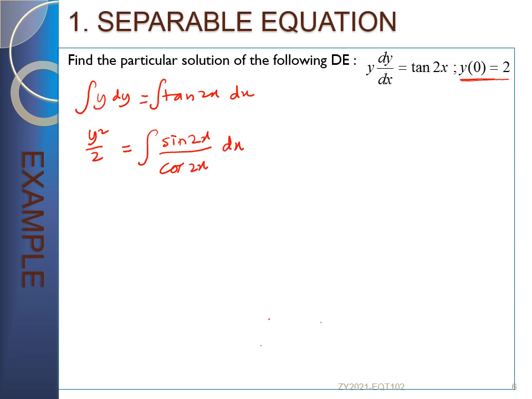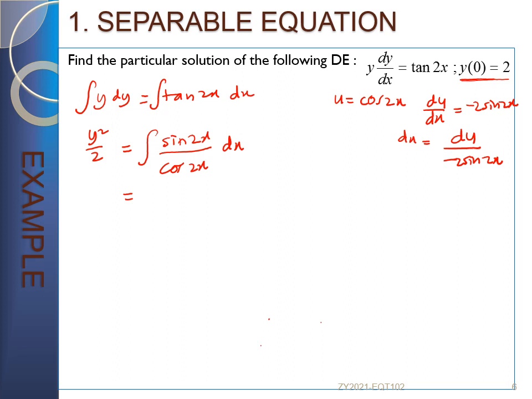So we will have to use substitution for this. We let u = cos 2x. So du/dx = −2 sin 2x, so dx = du/(−2 sin 2x).